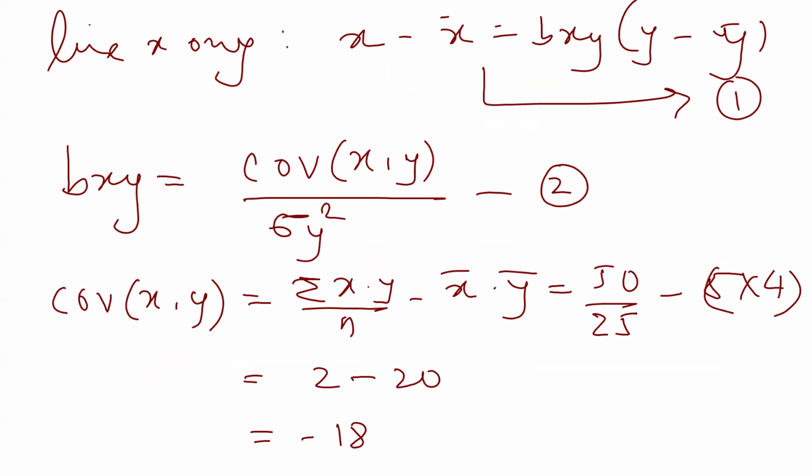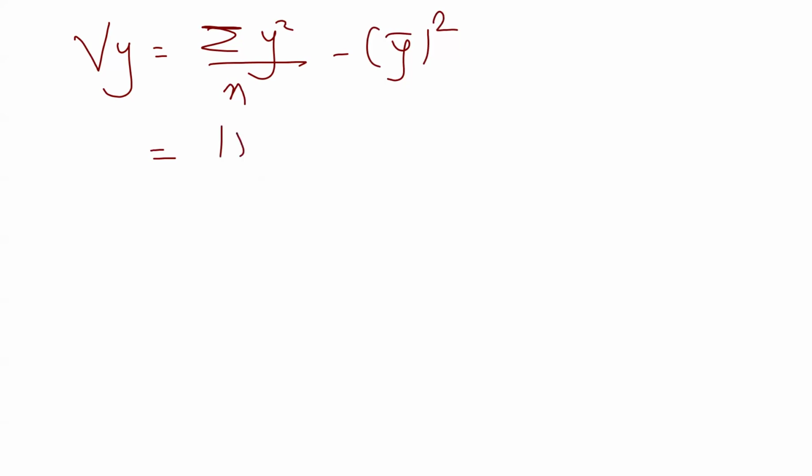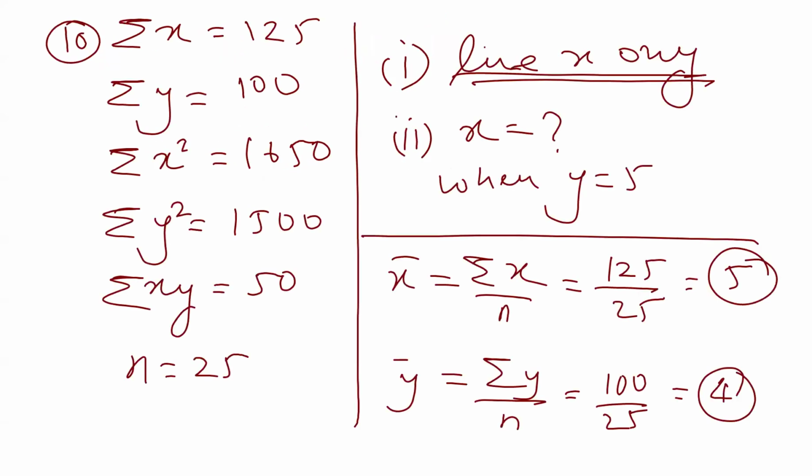Now standard deviation of y square. While calculating standard deviation of y square, we'll first calculate variance of y. So variance of y is equal to summation y square upon n minus y bar square. So y square is 1500 upon 25 minus y bar. Y bar is 4, so this will be 4 square.